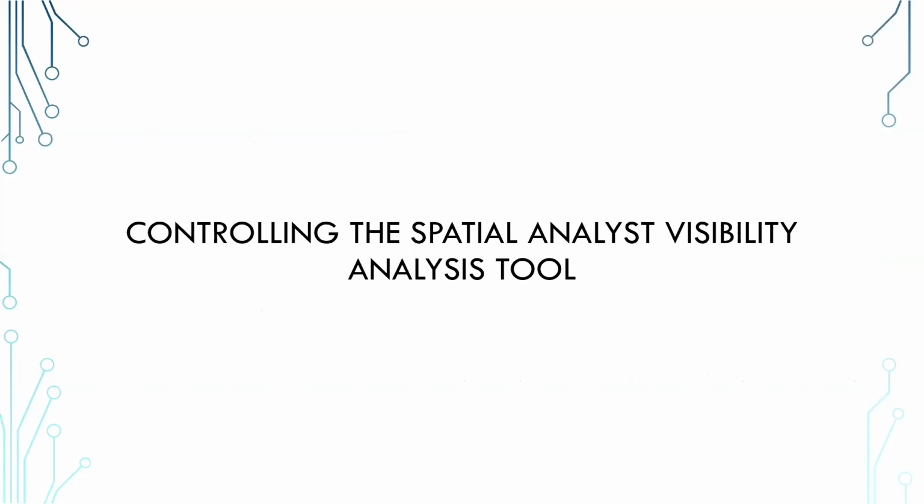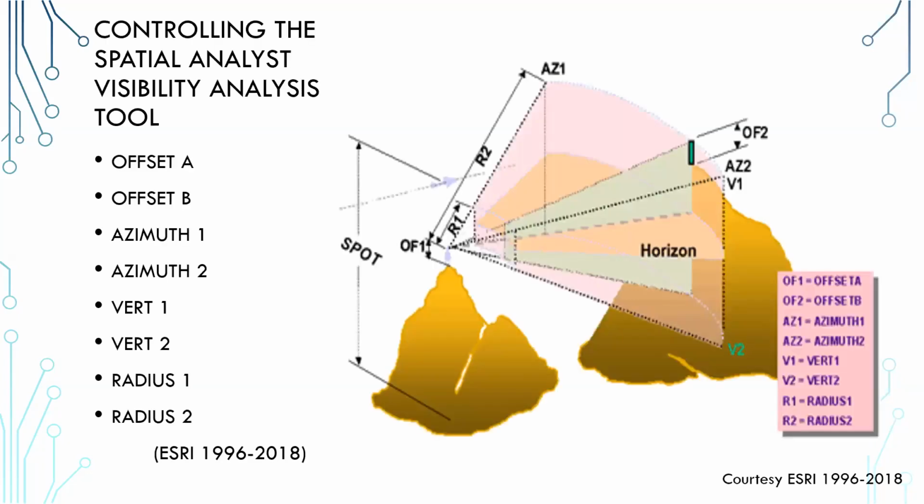So controlling the Spatial Analyst Visibility Analysis tool. The next slides will describe how to control the Spatial Analyst Visibility Analysis tool provided by ESRI. So this image graphically depicts how visibility analysis is controlled. The observation point is on the mountaintop to the left, or the OF1 in the image.